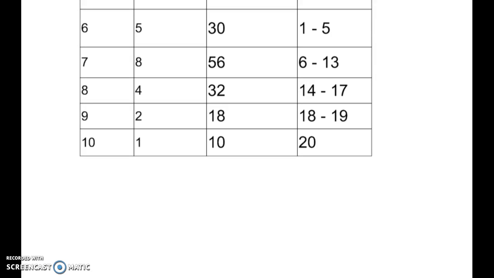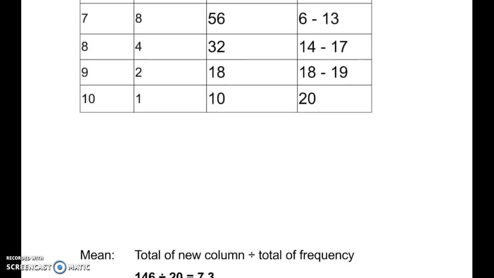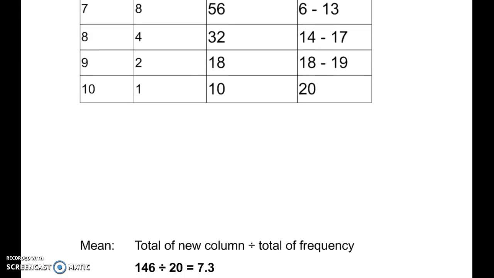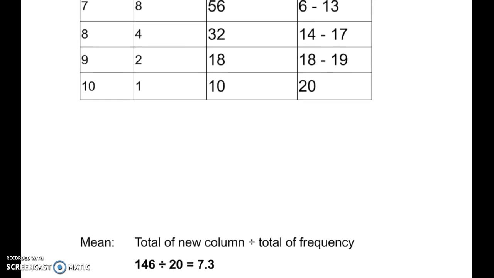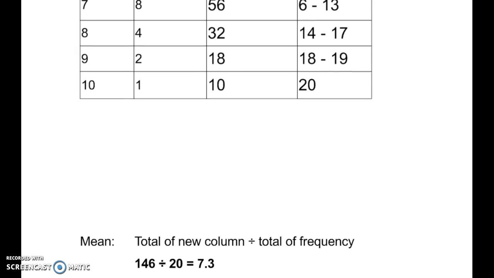So if we look at this new column, add these values together, I'll give you a couple of seconds to do that. Hopefully you came out with 146. So 146 divided by 20 gives us 7.3. So our mean score is 7.3 marks.